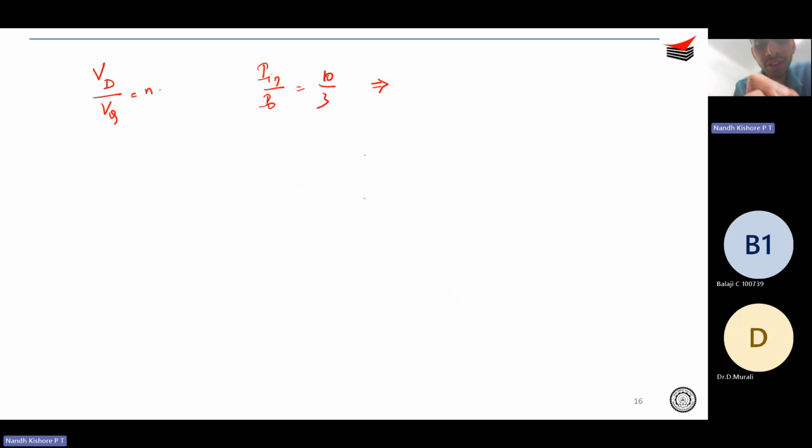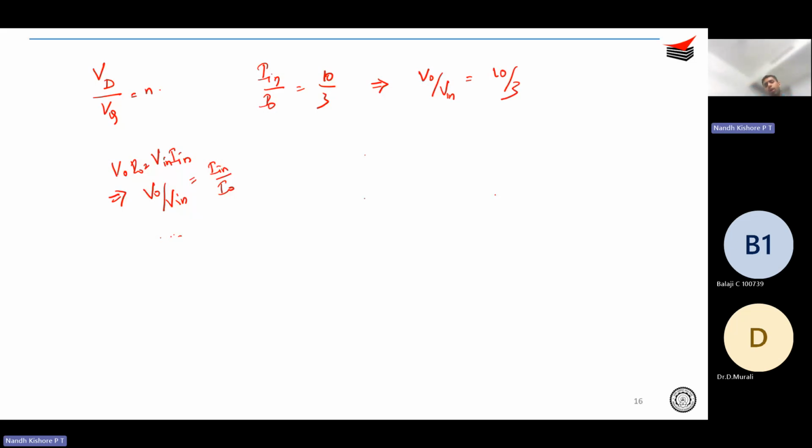Therefore, since you know that V naught I naught is equal to V in I in, V naught over V in is equal to I in over I naught. So I in over I naught is nothing but V naught over V in. V naught over V in is 10 by 3.